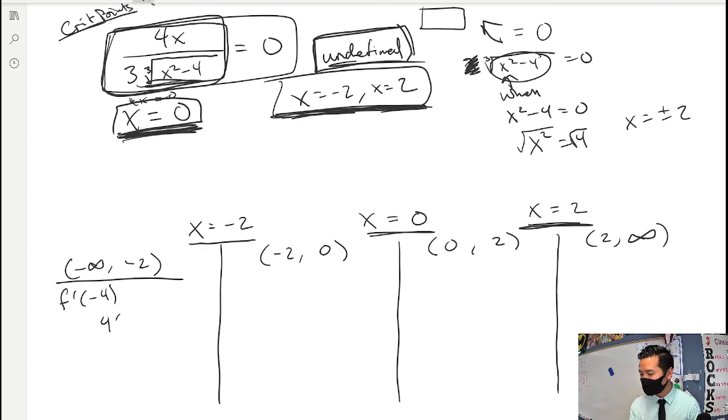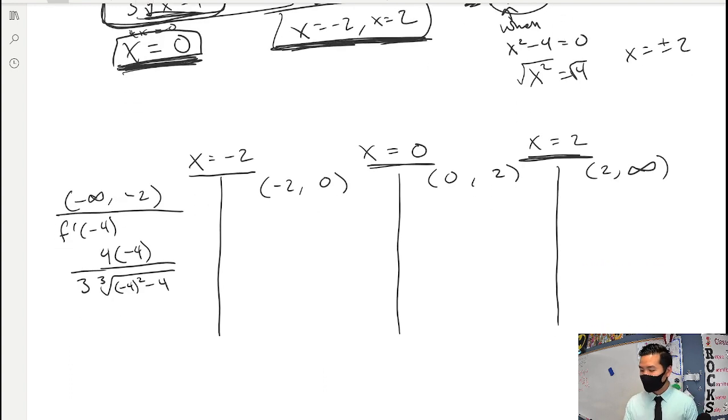So I have 4 times negative 4 over 3 times the cube root of negative 4 squared minus 4. This is a little bit tough here, but pay attention closely. In the top, what's 4 times negative 4 going to give me? Some negative number. I don't even care what the 16 is, I just care that it's negative. How about this 3 right here? That's just going to be positive. Now here's the kicker.